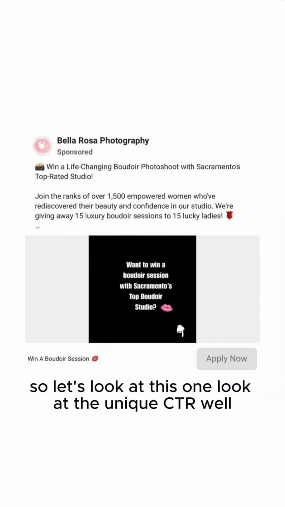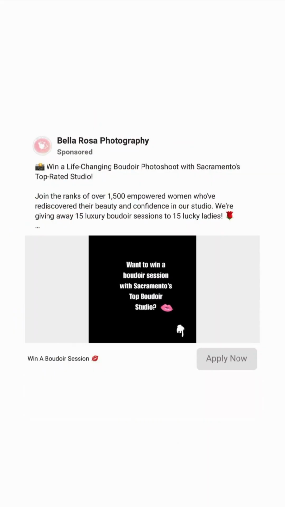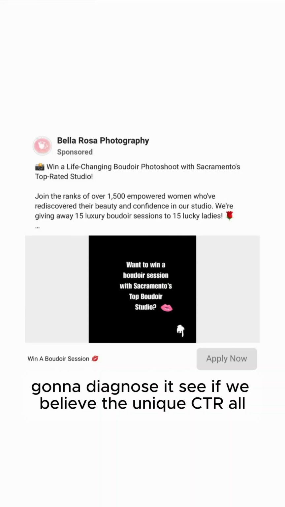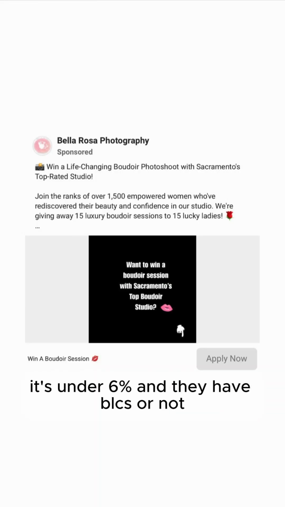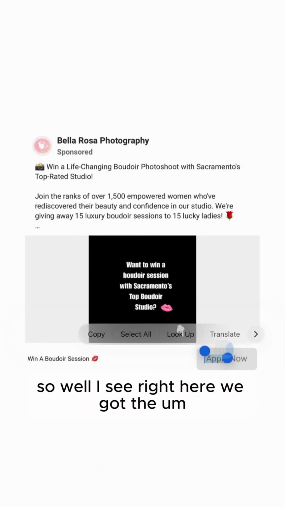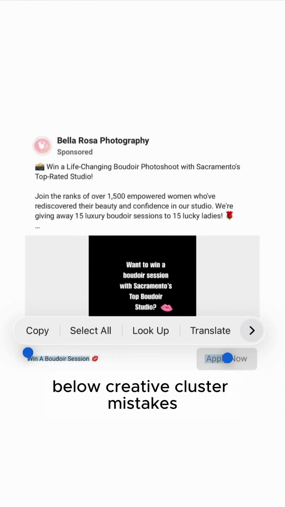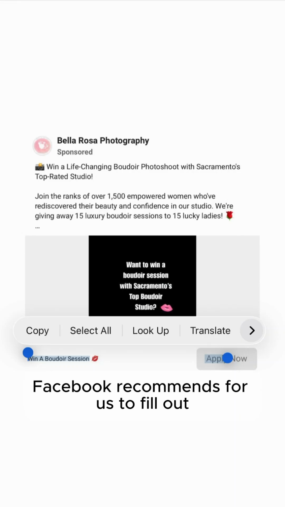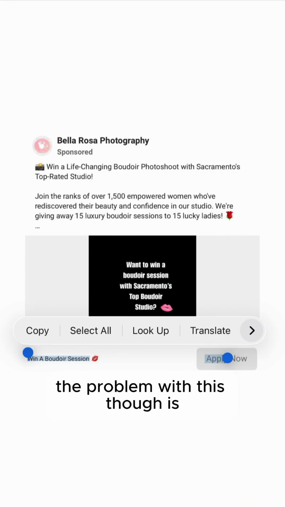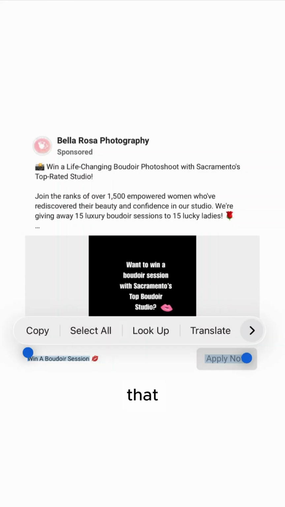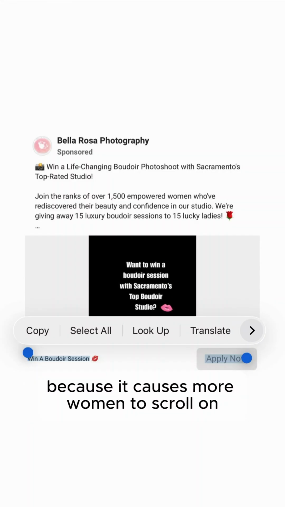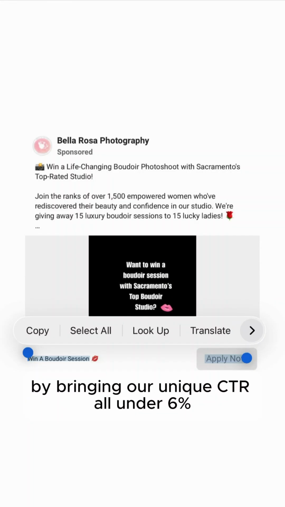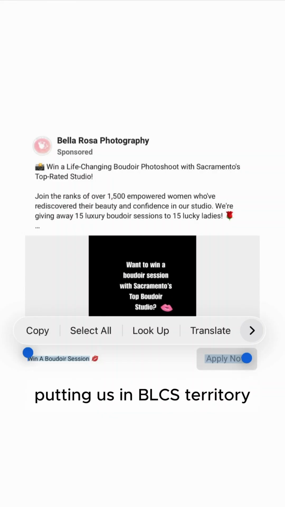So let's look at this one. Go look at the unique CTR. We can diagnose it, see if we believe the unique CTR is under 6% and they have BLCS or not. Well, I see right here we got the below creative cluster mistake. This is when we're filling out all the stuff Facebook recommends for us to fill out. The problem with this, though, is that Facebook's recommending us to fill these out because it causes more women to scroll on by, bringing our unique CTR under 6%, putting us in BLCS territory.